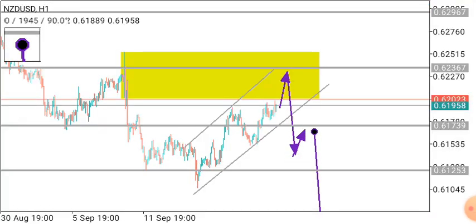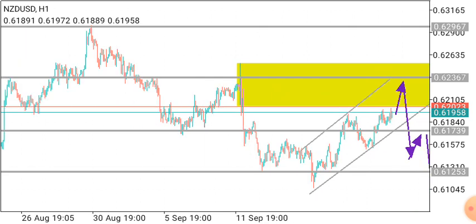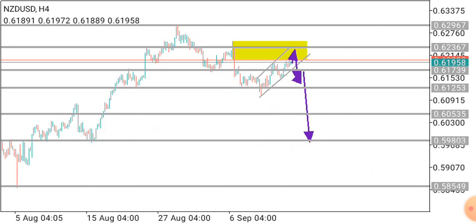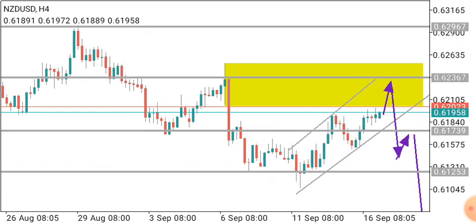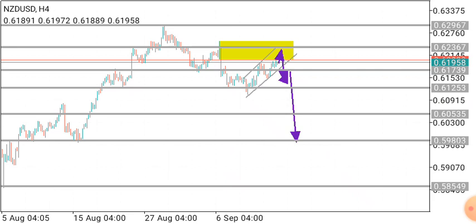Yes, the market is at a very nice point to go short right now and be holding, but the stop loss would be very huge because of a big order block. As you can see, that order block is a very huge area, so we should be able to minimize it in order to reduce the risk to reward.